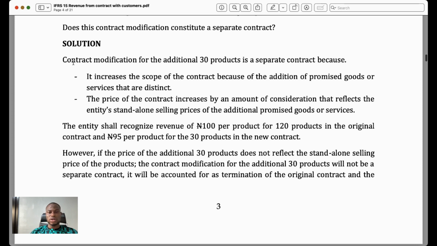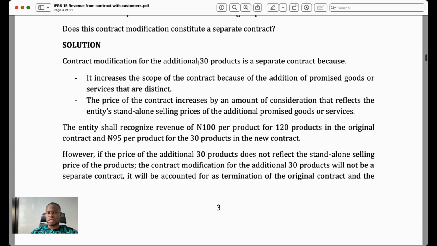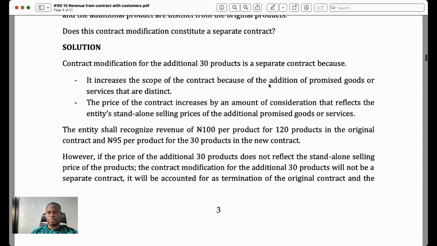He said the contract modification for the additional 30 products is a separate contract, because it increases the scope of the contract because of the addition of promised goods or services that are distinct. And two, the price of the contract increases by an amount of consideration that reflects the entity's standalone selling prices of the additional promised goods or services.